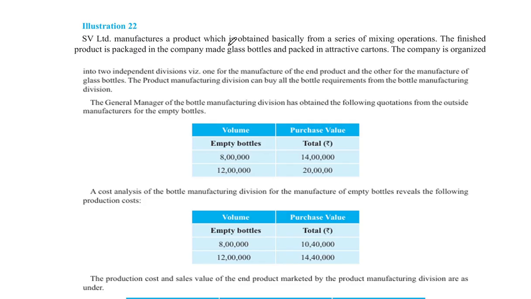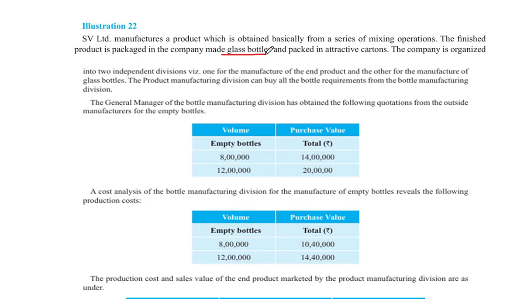SV Limited manufactures a product, but the product is packaged in glass bottles. Now imagine the situation. The company itself manufactures those bottles internally. So there are two divisions in the company.